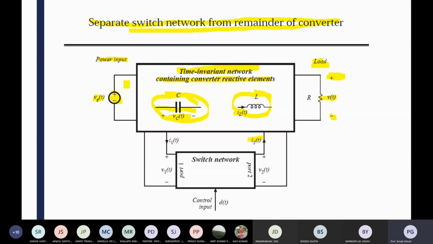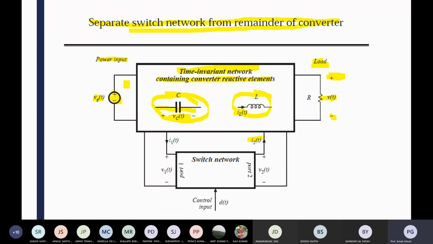After comparing, you will get some error signal. That error signal should be passed through a controller. Any controller can be there as per the requirement of the converter or as per the requirement of the application. An arbitrary controller should not be used; you have to calculate and justify why you are using that controller.